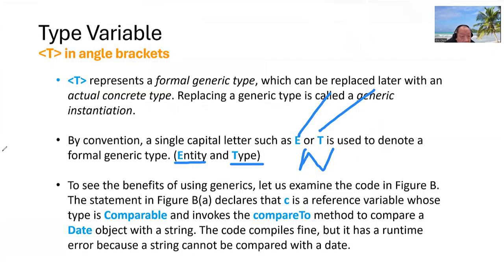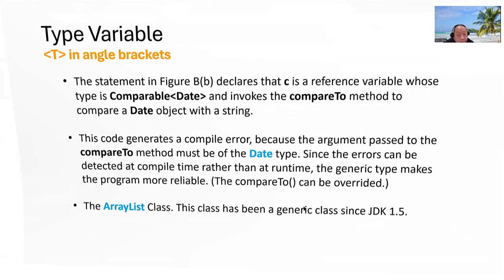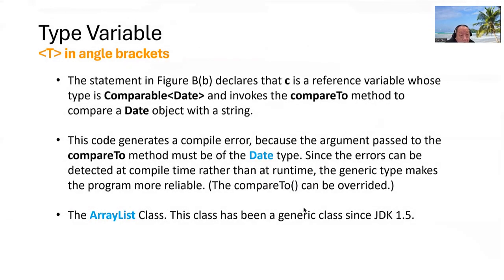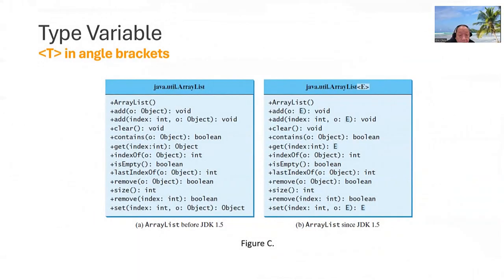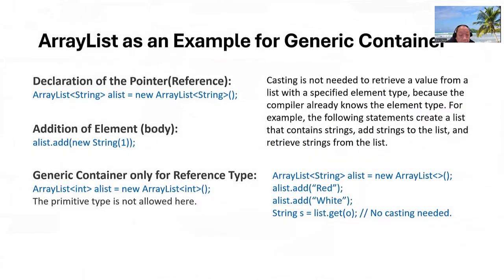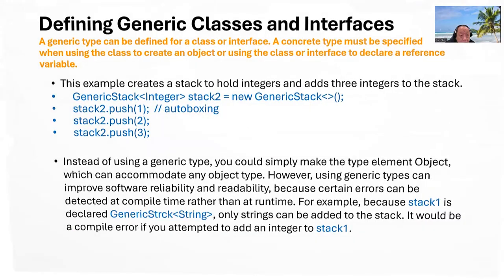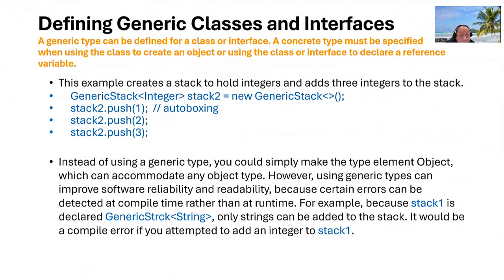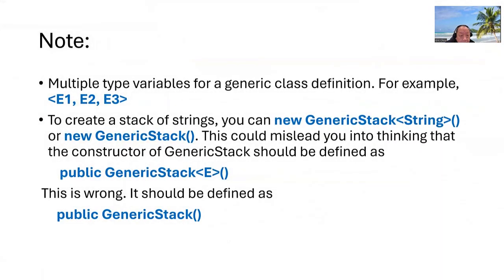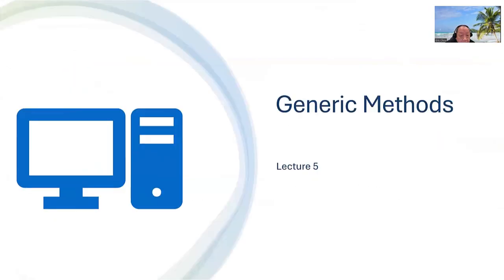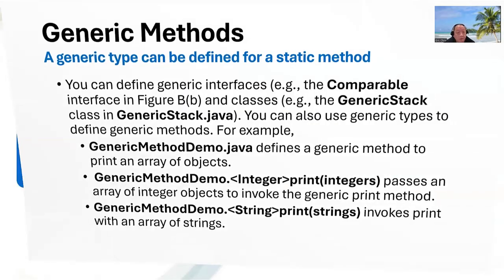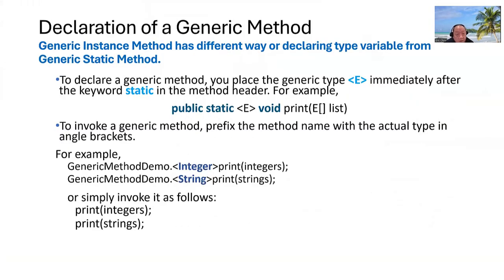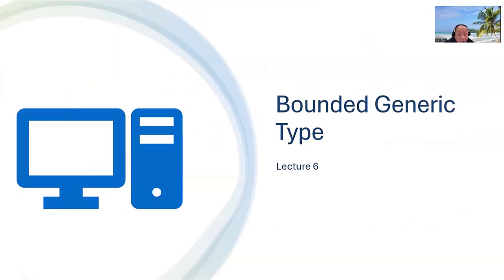So these are the conventions that people usually use: N, T, or E. Okay, right here, so far, these are okay, generic method, generic container, we covered it.